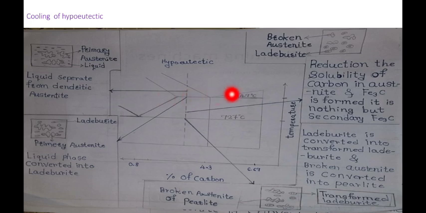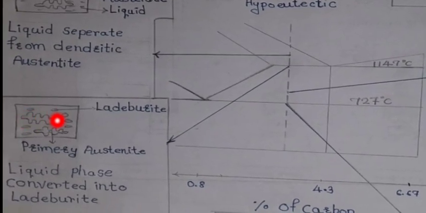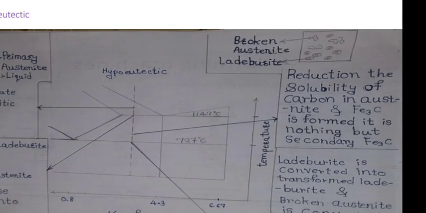Next, at 1147 degrees Celsius, at this point the liquid phase is converted into ledeburite. In this region the dendritic region is primary austenite and the circular region is ledeburite. Next, at this point there is a reduction in the solubility of carbon in the austenite and it forms cementite.